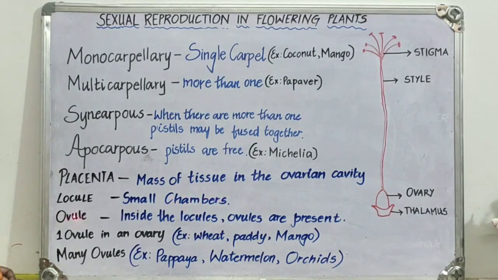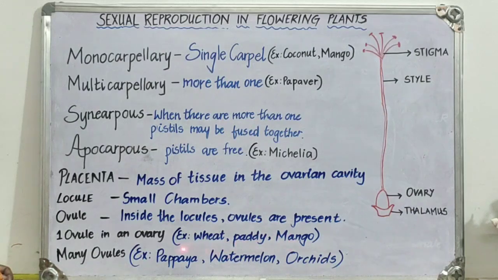Then ovule. What is ovule? Locules are the small chambers present on the placenta, and inside those small chambers we will see ovules located. They are called ovules. One ovule we will see in an ovary in the examples of wheat, paddy and mango.